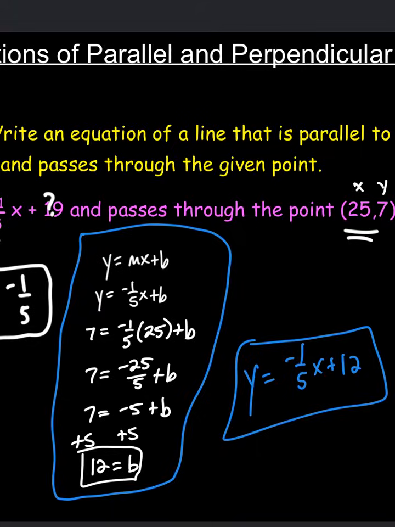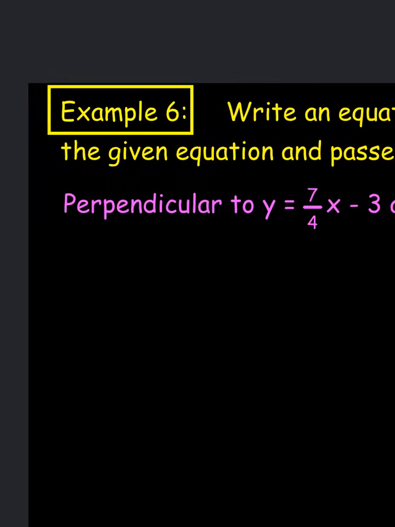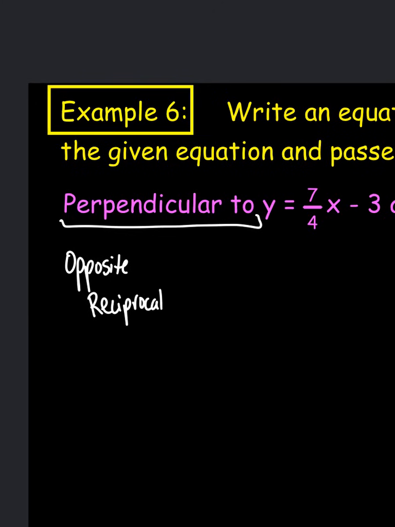Okay, last one. It says, write an equation of a line that's perpendicular to the given equation and passes through the given point. So it's almost identical to the last problem, except instead of parallel, it says perpendicular. So what does that mean? Well, if it's perpendicular to, this tells us that we are going to have opposite reciprocal slopes.